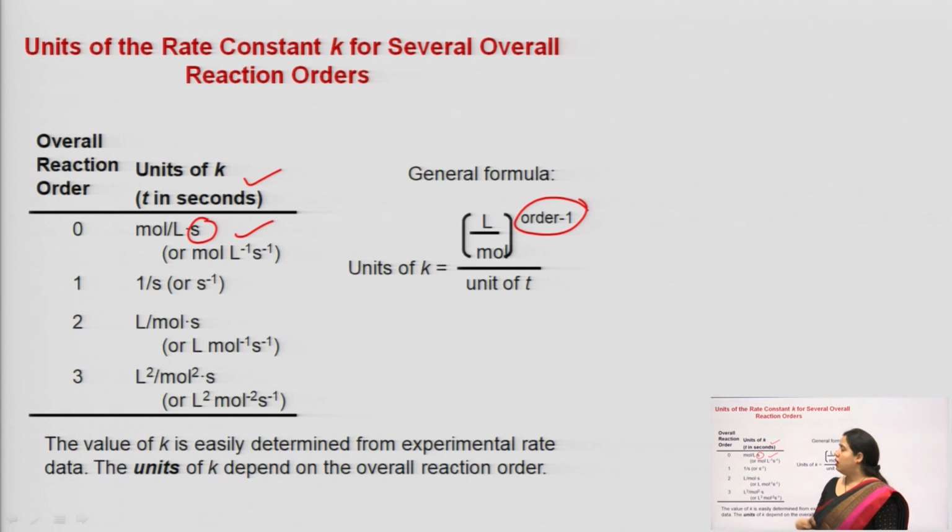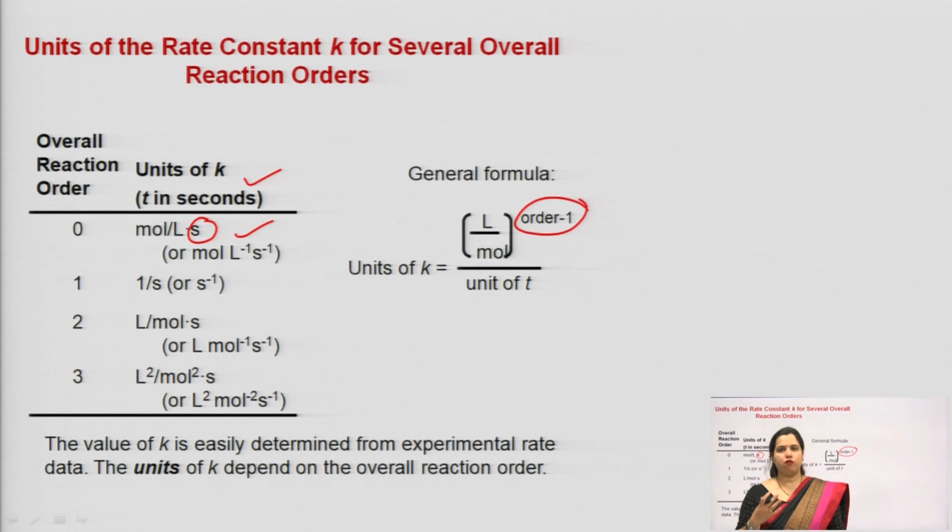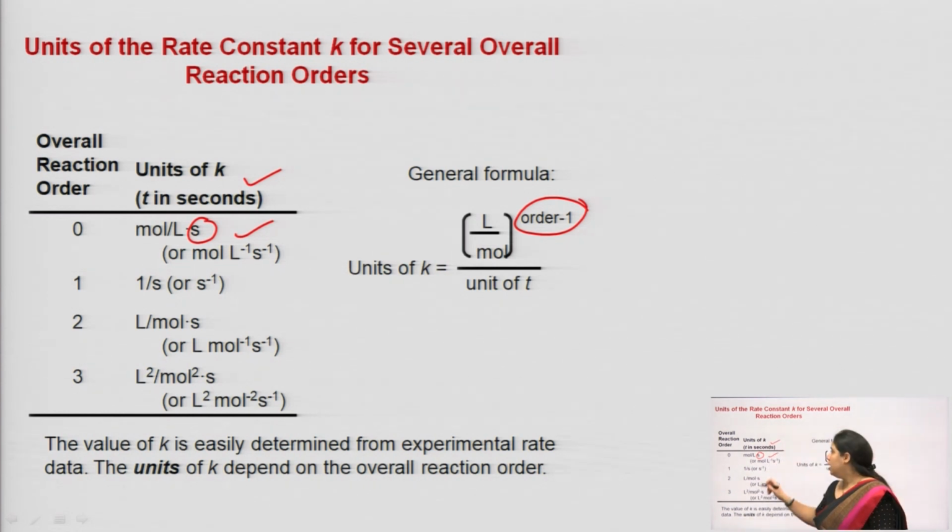Basically, we are taking time in seconds, not in minutes. So, the value of k is easily determined from experimental rate data. The units of k depend on the overall reaction order. So, for a first order reaction, the unit will be like this.